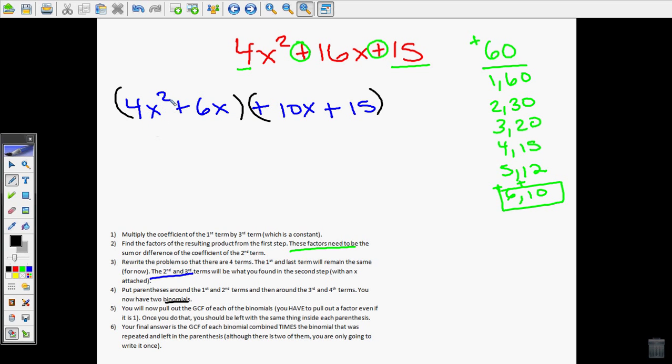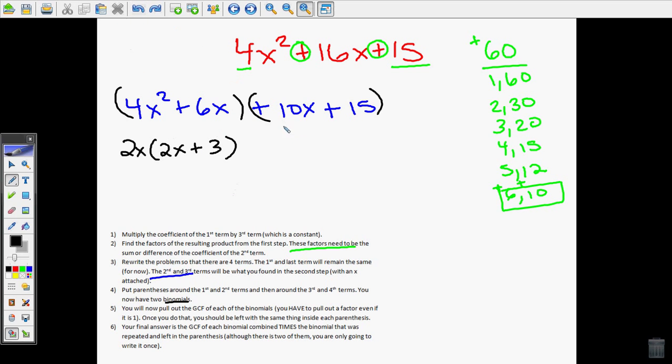So looking at 4x squared and 6x, I see that 2x is the greatest common factor. 2x goes into both 4x squared and 6x. So 2x times 2x gives me 4x squared, and 2x times 3 gives me 6x.